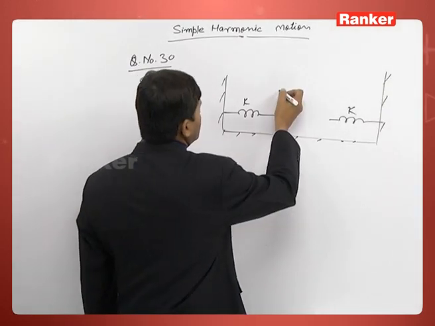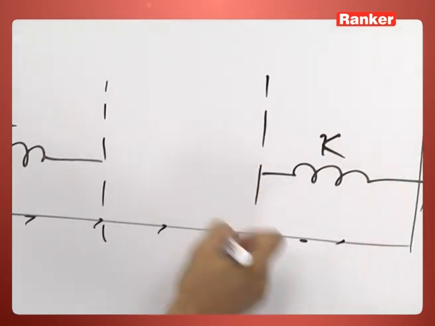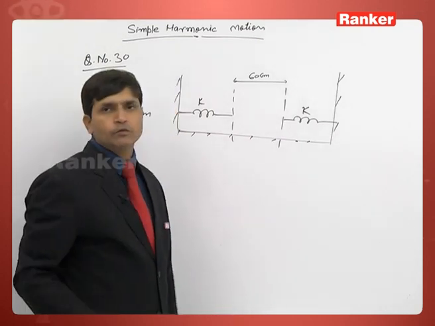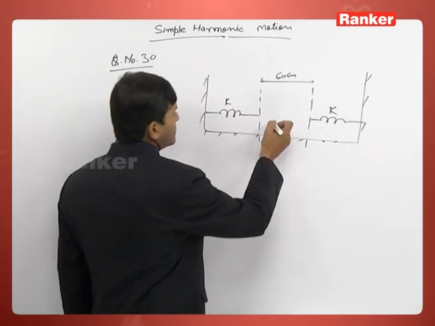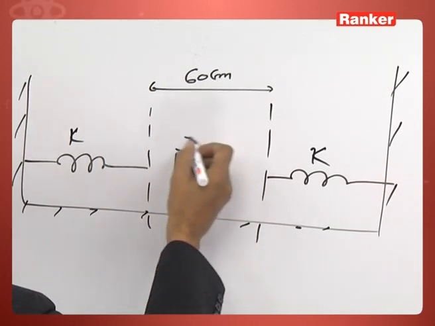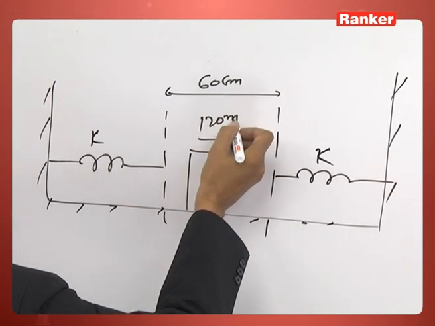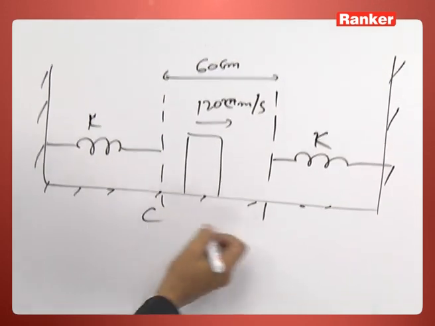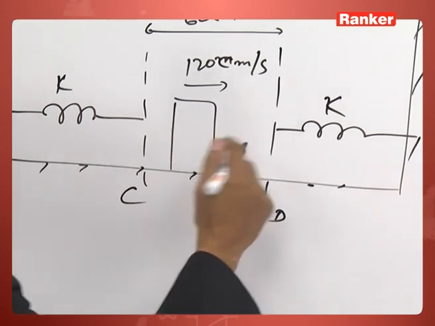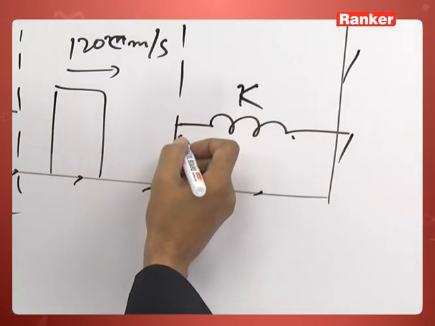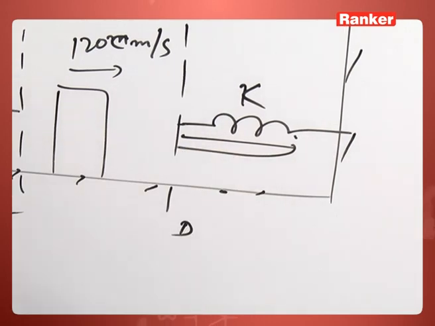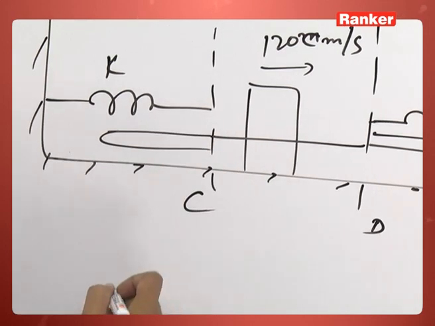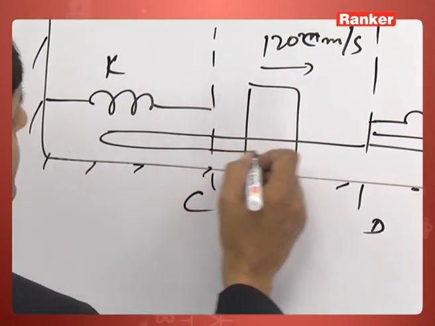And now between these are the two points C and D, 60 centimeter the gap between these two. A particle moves with velocity 120 centimeter per second between C and D. So when the particle goes here, it compresses, comes back, then goes back. Then it travels here, then it compresses, then comes back. Then it is reaching here.